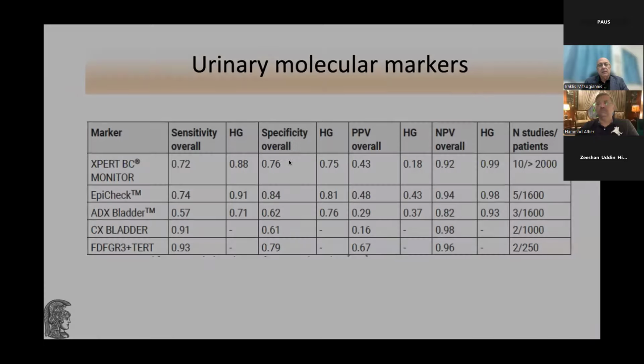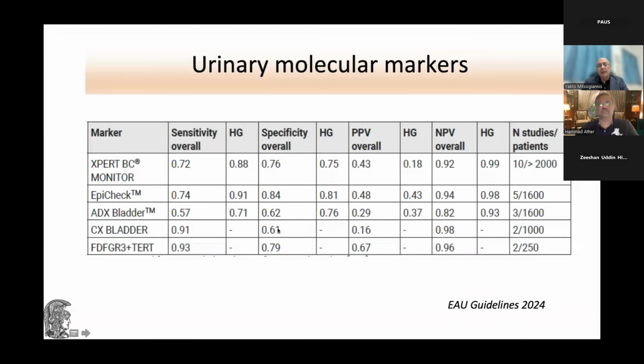So we can see here the table from the guidelines, and we can see that the sensitivity varies from 0.5 to 0.99. And the specificity again is higher. These more recent tests have substantially higher sensitivity and specificity, and all of them have a substantial and impressive, let's say, negative predictive value.